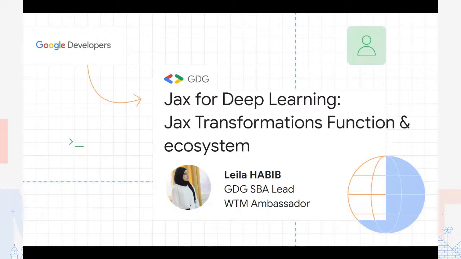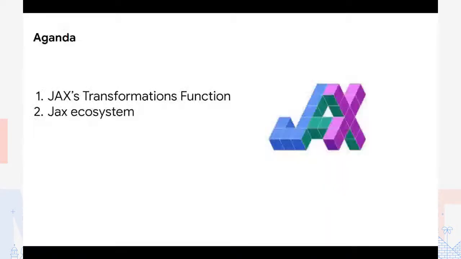Additionally, JAX provides a suite of APIs for high performance computation, especially on CPUs, GPUs, and TPUs, as well as for distributed training, allowing researchers to train and test models at scale. Today, we'll go deeper into the JAX transformation functions and the JAX ecosystem.